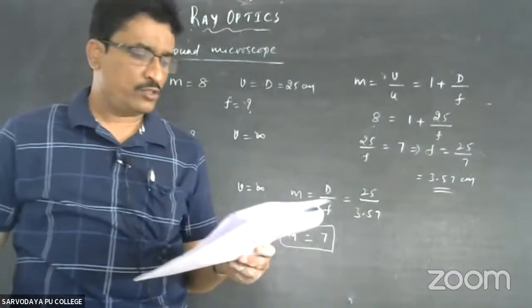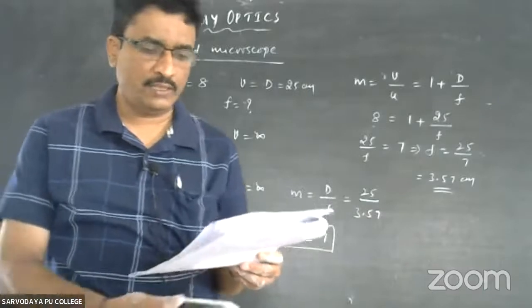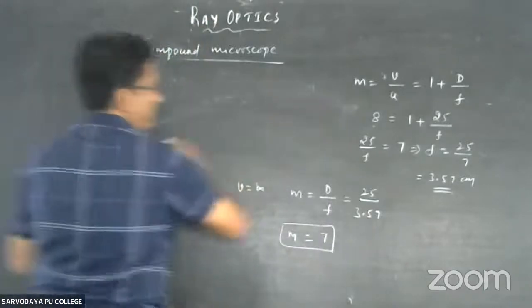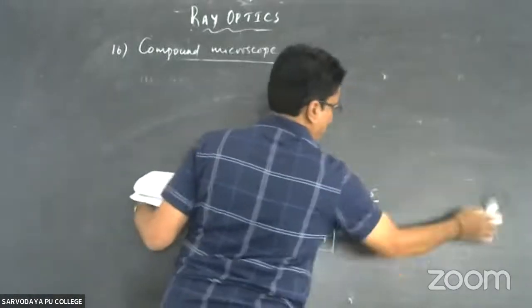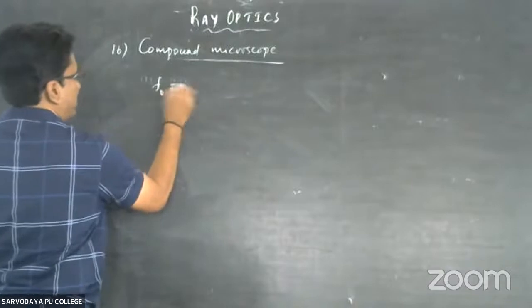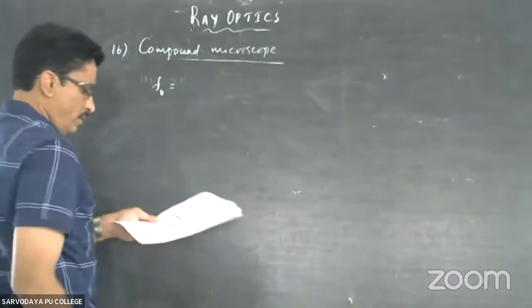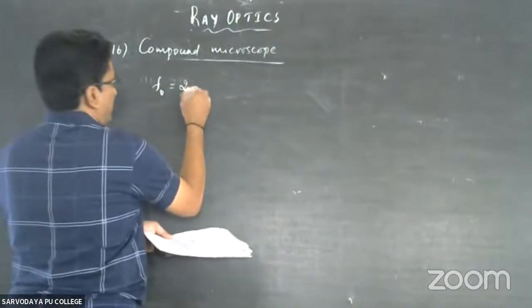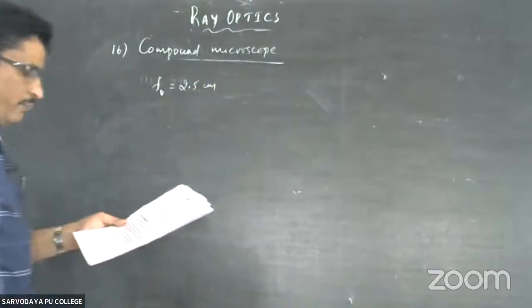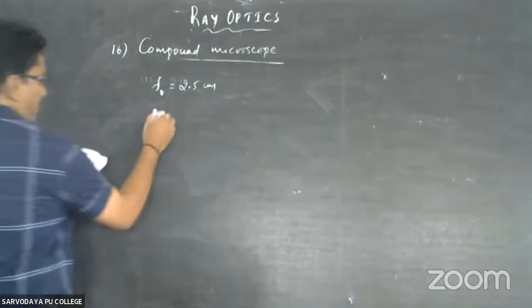The compound microscope has objective lens of focal length 2.5 centimeter, eyepiece of focal length 5 centimeters.